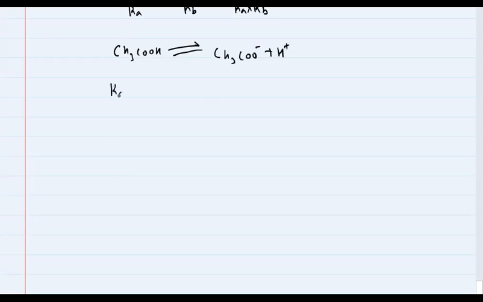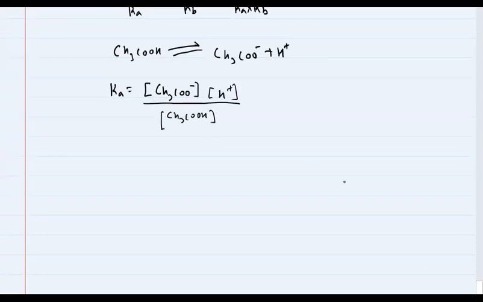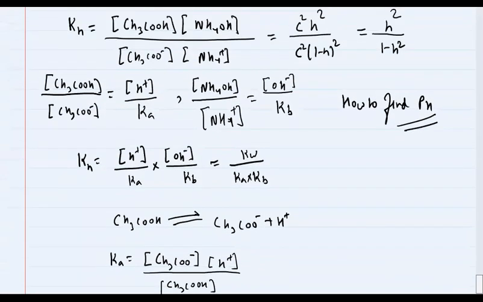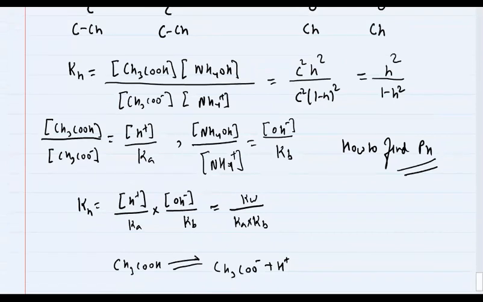So I can say that Ka is equal to concentration of CH3COO- into concentration of H+ divided by CH3COOH. Yes or no? And from here I can say that it is h squared. So from this equation, I know that h is equal to root Kh.